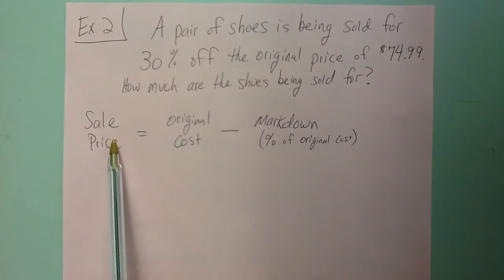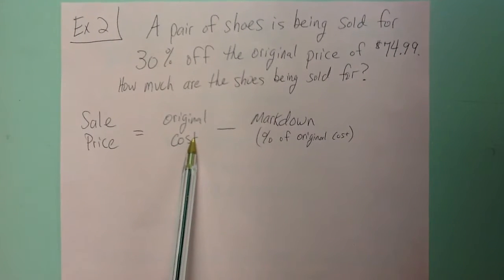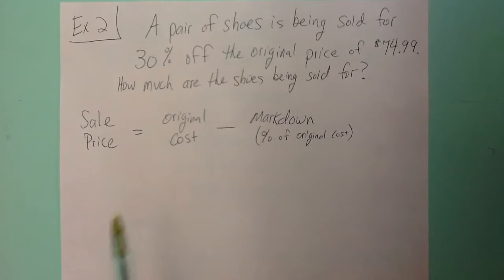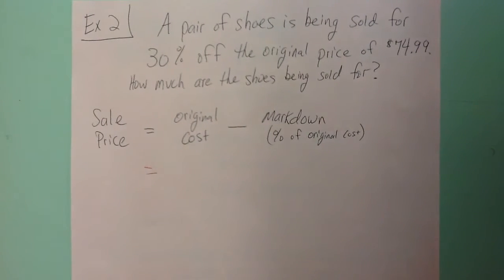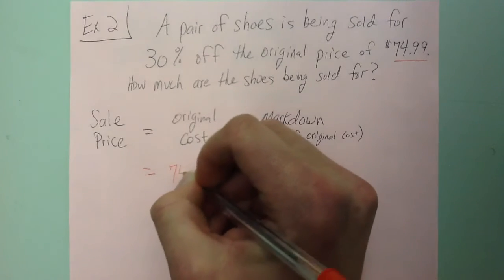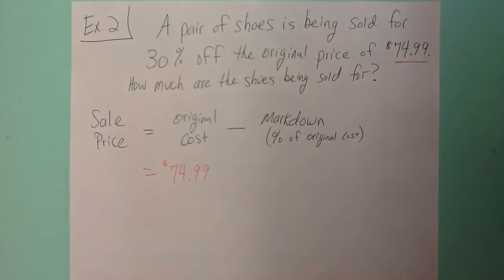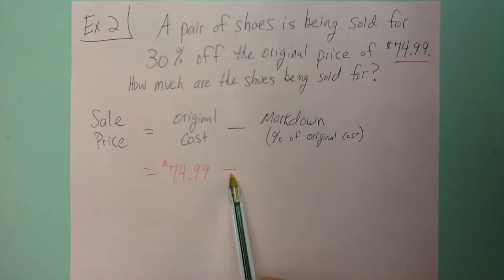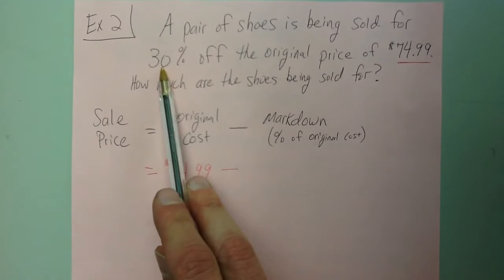All right, so the sale price is equal to the original cost of the shoes, minus the markdown, which again is a percentage of the original cost. So the sale price is equal to the original cost, which I'm told is $74.99, minus the markdown. I'm subtracting because the price is going down. It's 30% off.